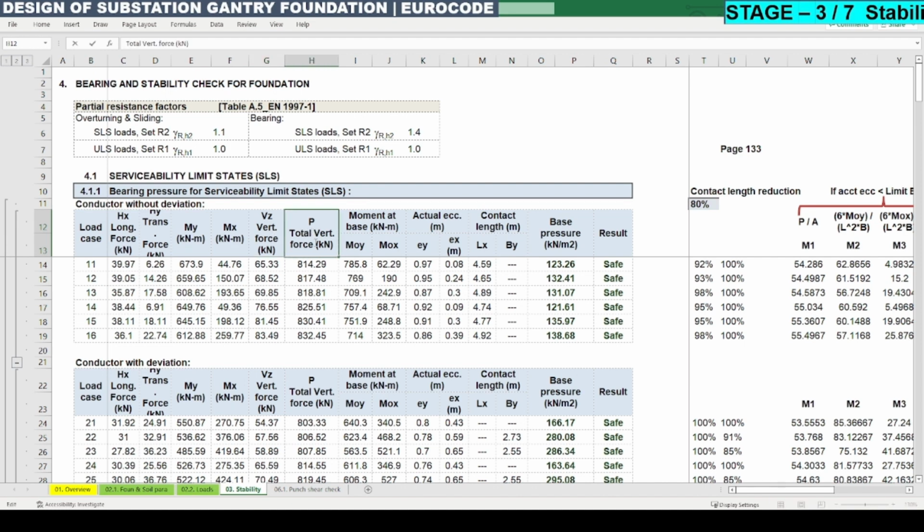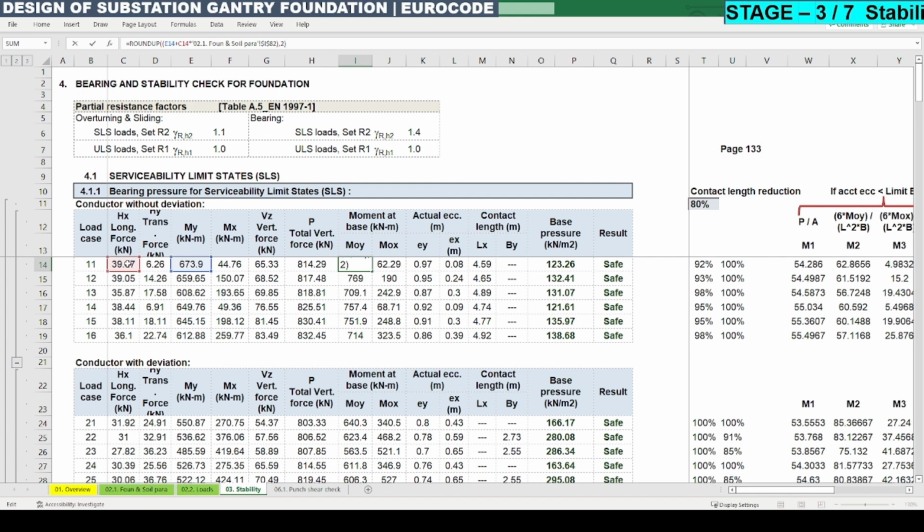P is the total vertical force, including the overburden soil, self weight of the concrete foundation, plus the vertical downward load from the structure.